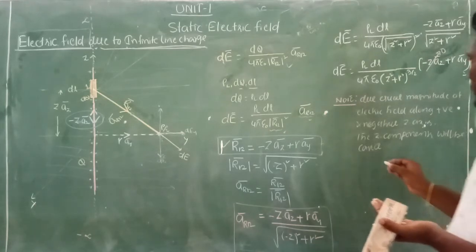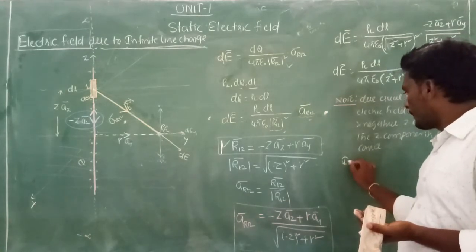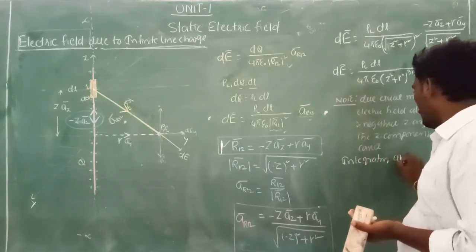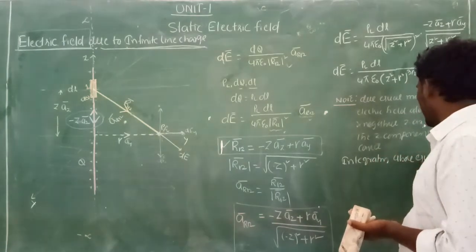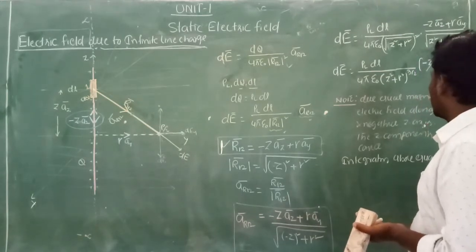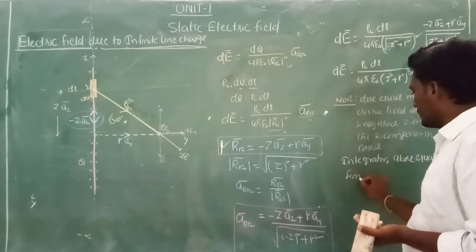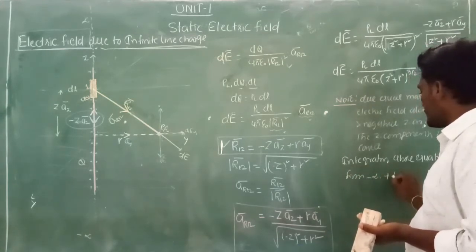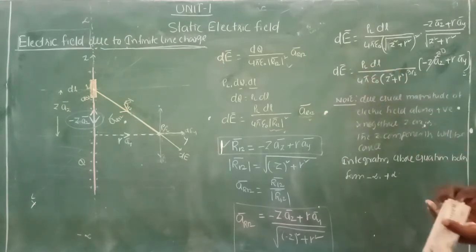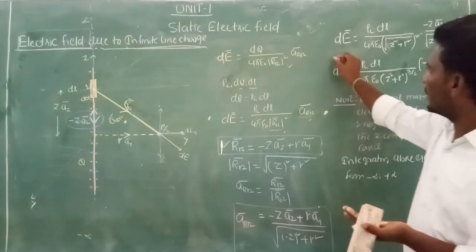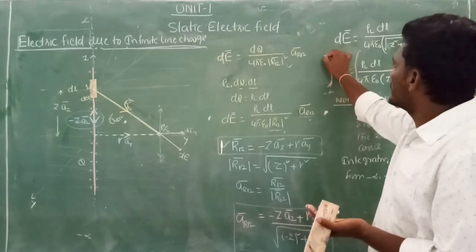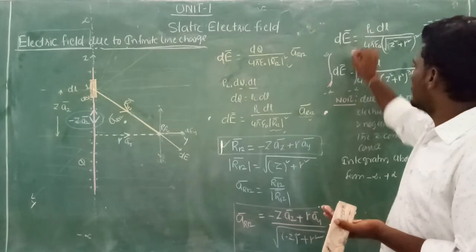So integrating the above equation on both sides from limits minus infinity to plus infinity. Why? Because it is an infinite line charge now. So do the integration from minus infinity to plus infinity.